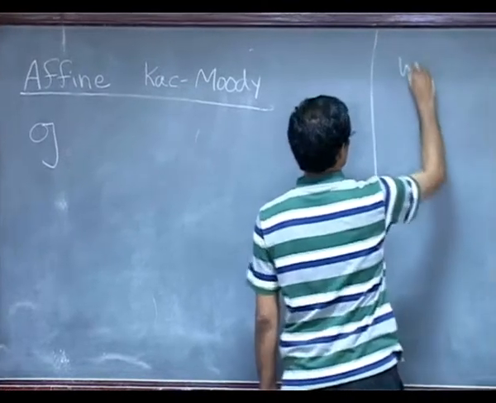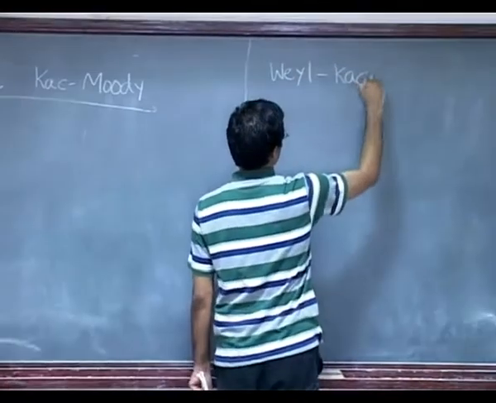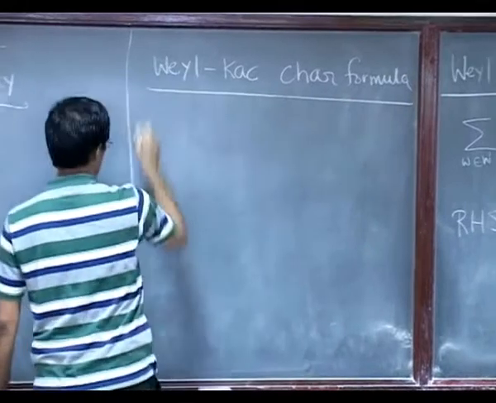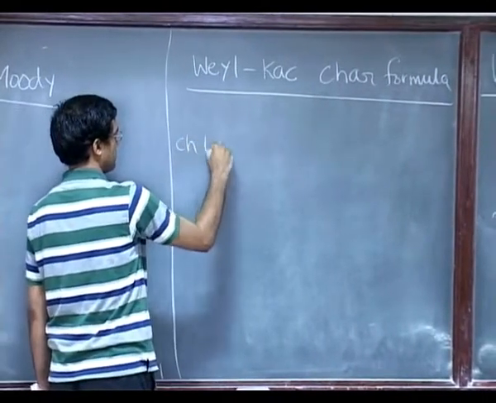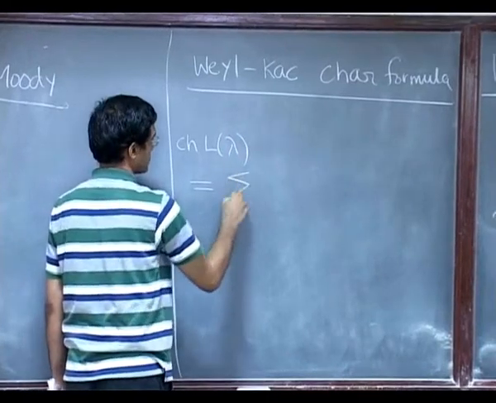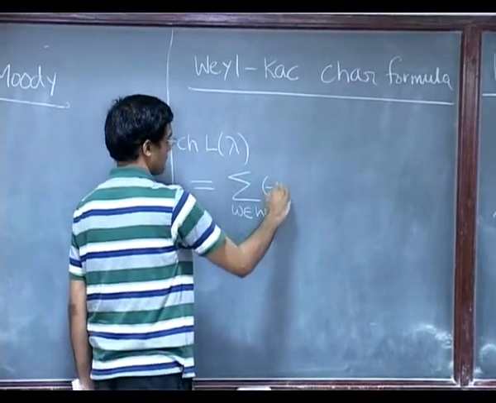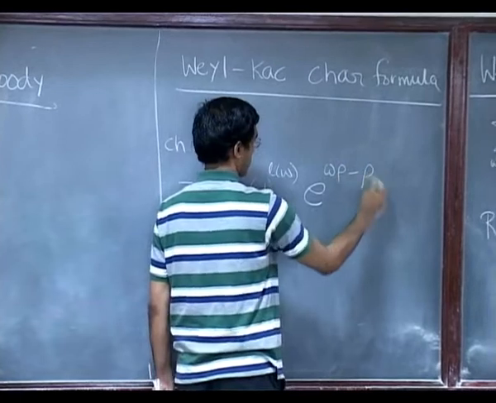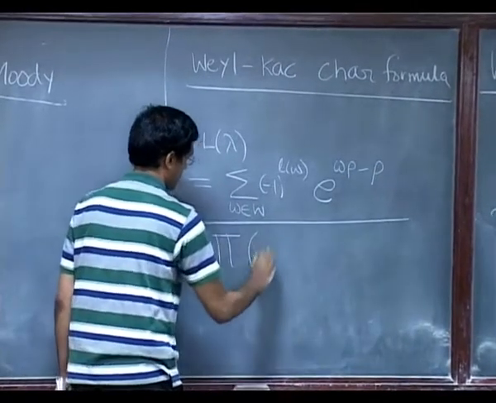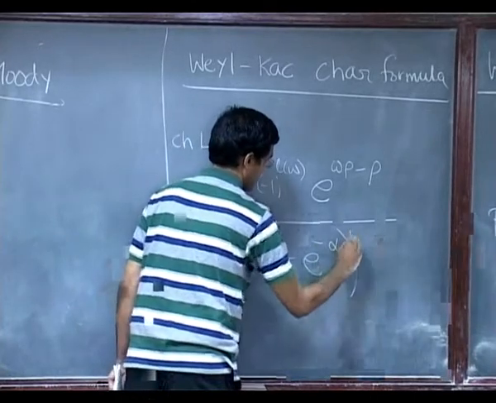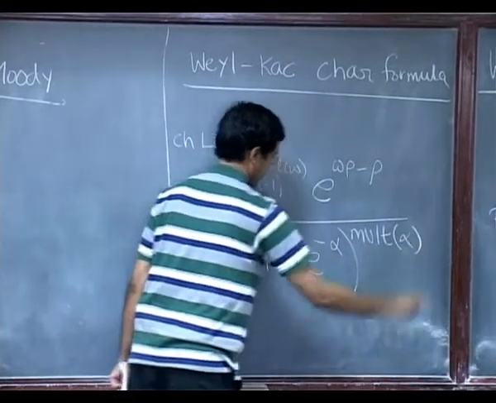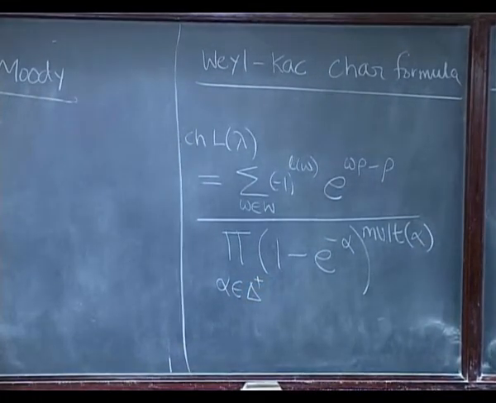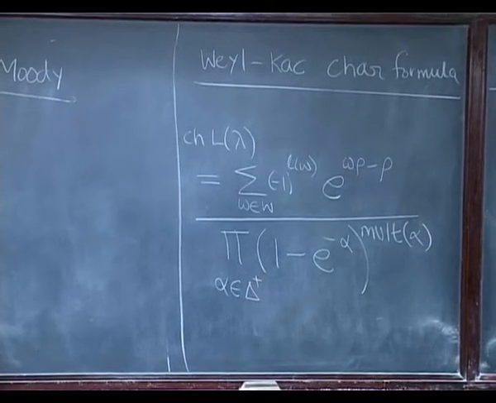The Weyl-Kac character formula says the following: the character of L lambda, as in the finite dimensional case, is the sum over all elements of the Weyl group, sign of that element, e to the w rho minus rho, over the product of 1 minus e to the minus alpha, so that's the Weyl-Kac character formula.